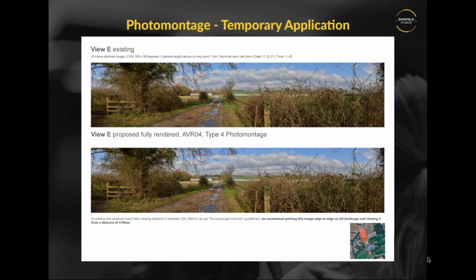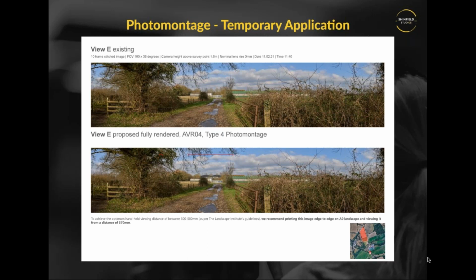The images that you see on screen are a before and after shot, so the top image is as it is at the moment, and this is looking north from the track which links Old House Farm to Hall Farm on the other side of the Loddon, and in the foreground, a sort of limey green colour, are the existing buildings at Old House Farm. On the image below you can see there is a red line in the sky, about two-fifths from the left, which depicts the extent of the site that we're looking at.